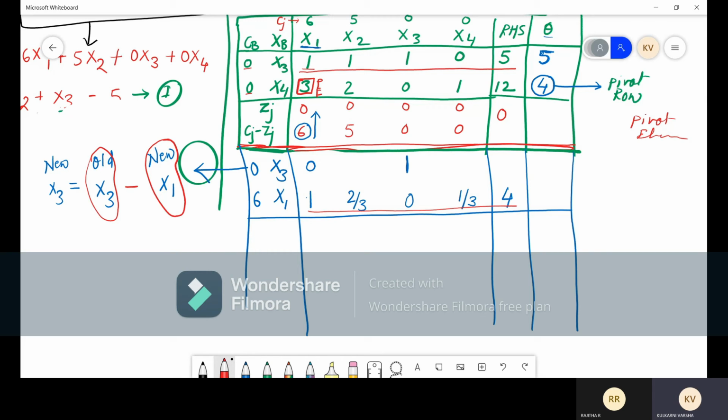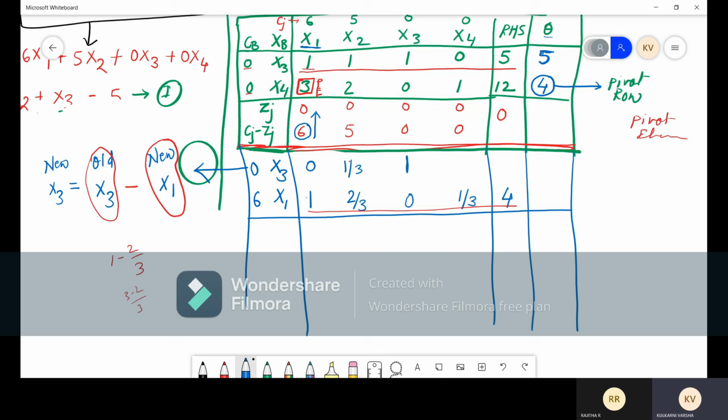So we can use this simple subtraction for the remaining variables also. So for the remaining variables, this is 1 minus 2 by 3. So 1 minus 2 by 3 means 3 minus 2, 1 by 3, right? So we'll get here 1 by 3.